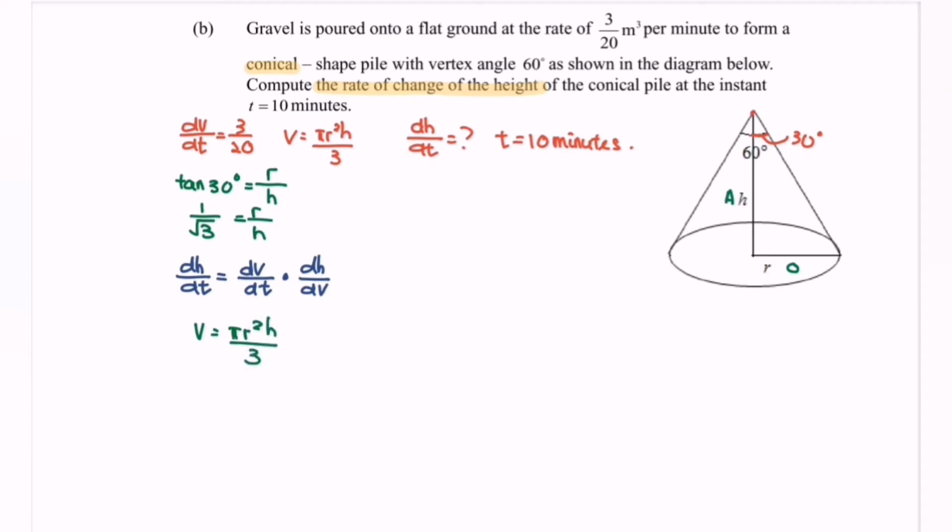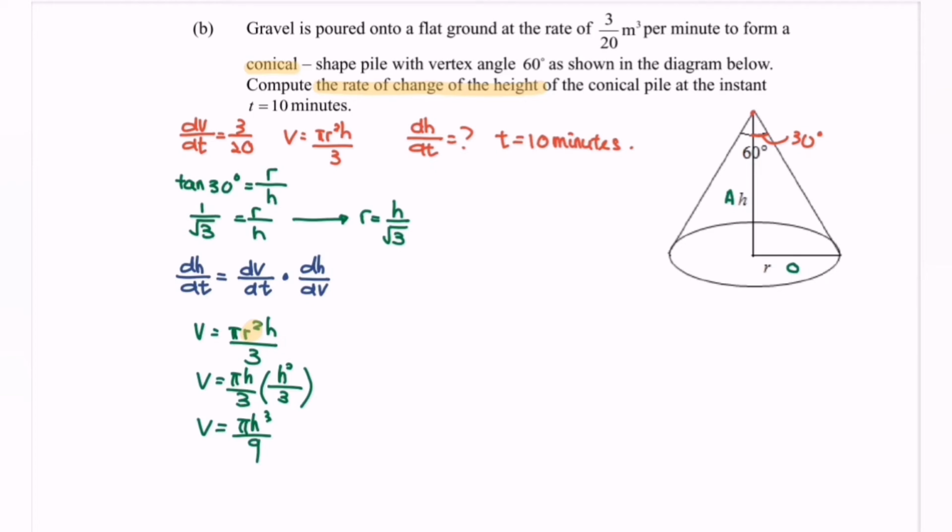Now our focus will be substituting the r so that all the terms become h. By substituting, r is equal to h over square root of 3. So V is equal to pi h over 3 bracket r squared, where we will have h squared over 3. Simplify the situation, V is equal to pi h cubed over 9.